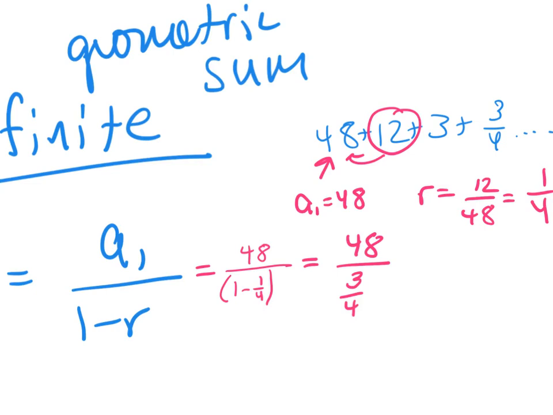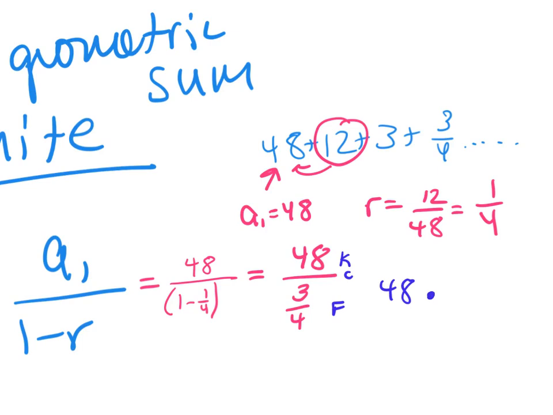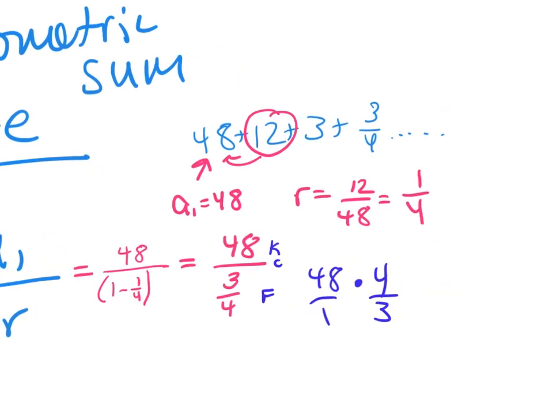Positive, just positive. So now if I was going to work this out, we would keep, change, flip, correct? So 48 times 4 over 3. 3 goes into 3 once, 3 goes into 48 16 times, so my answer is 64.